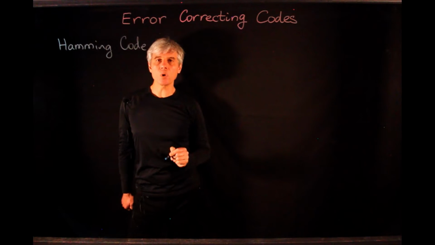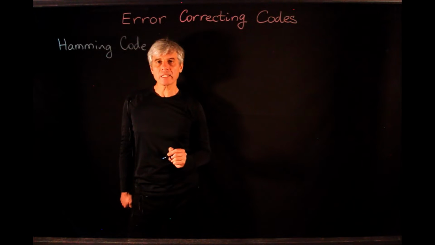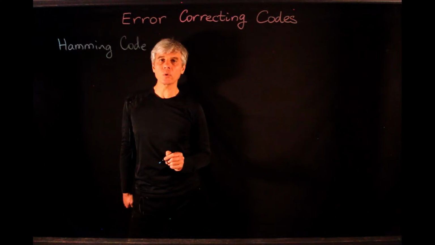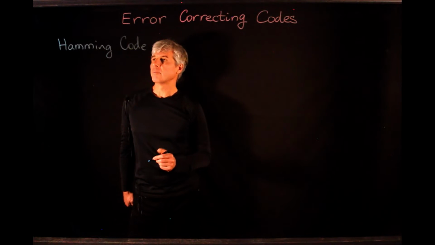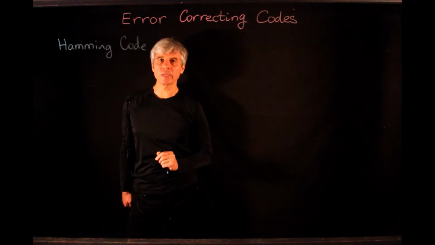This is the most elementary error correcting code. In practice, today we use far more sophisticated and far more powerful error correcting codes that use way more advanced algebra. But the main idea of error correction can be seen with the Hamming code as well.